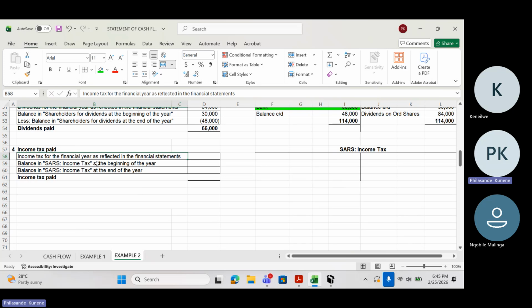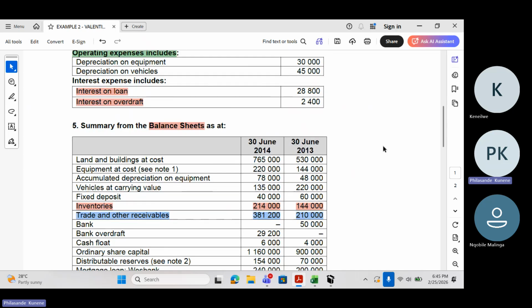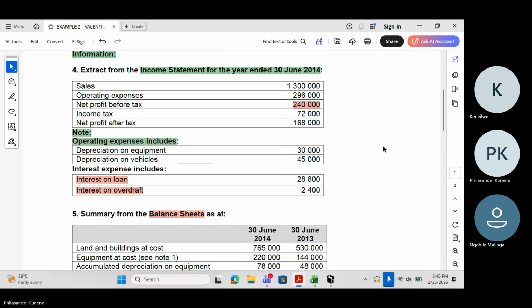They're saying here income tax for the financial year is reflected in the financial statements. Did they give us the income tax? How much is the amount for income tax? They gave us 72,000 rands from the screen.